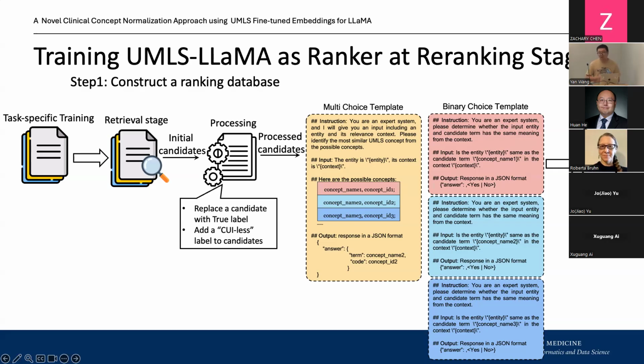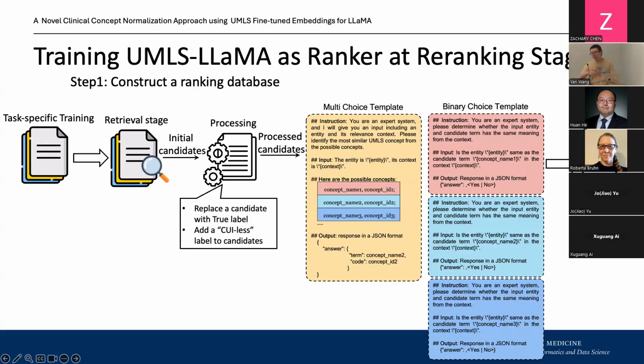The first one: maybe in some cases, the retrieval results don't contain any correct answer, but we have the annotated answer, the annotated label. So I just randomly replace one of the wrong or incorrect candidates with the correct answer. I mean replace a candidate with the true label. True label means the annotated CUI in the training set.